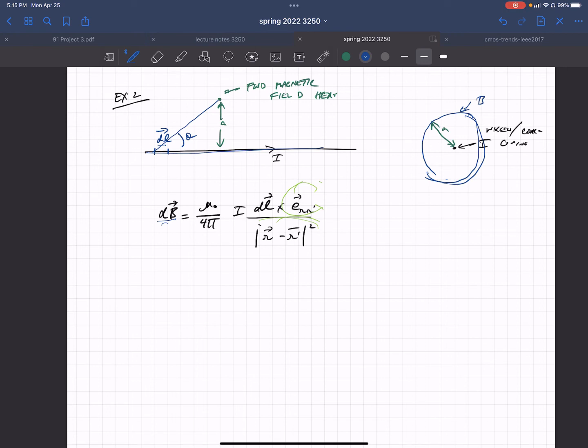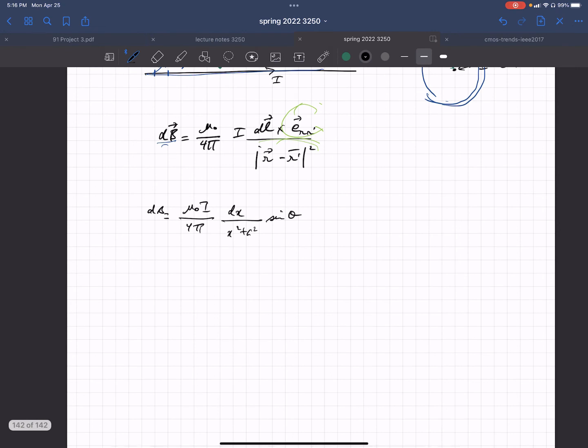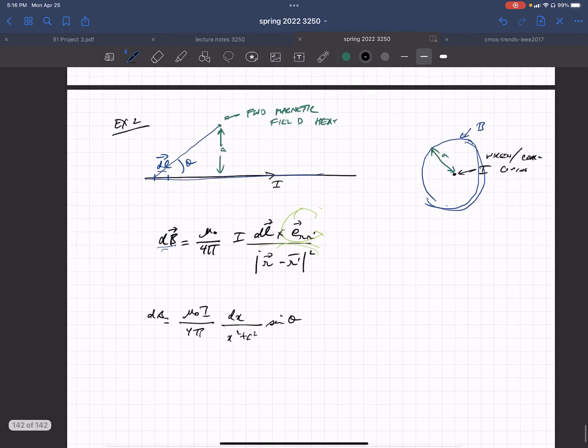So let's do the calculation. Specifically, dB is going to be mu 0 I over 4 pi, dx over x squared plus a squared, sine of theta. And again, it's going to be very much like what we did for the infinite line with infinite electrical charge.